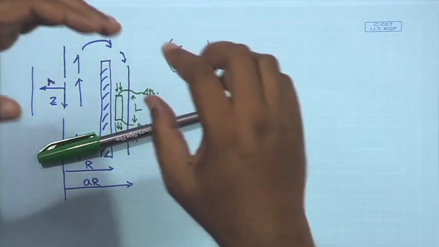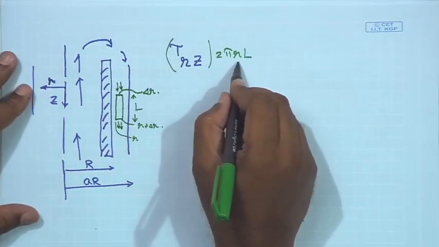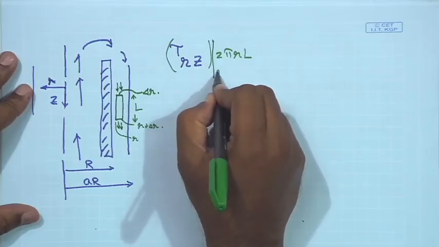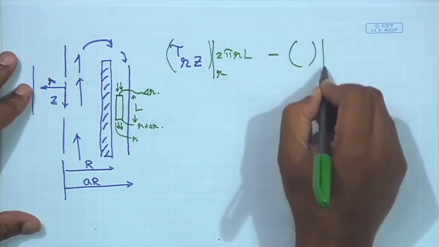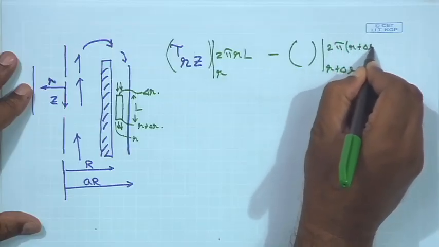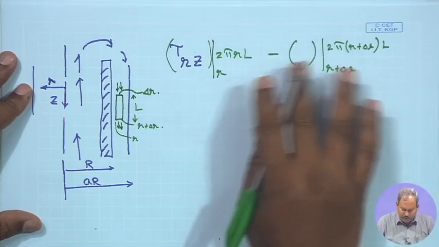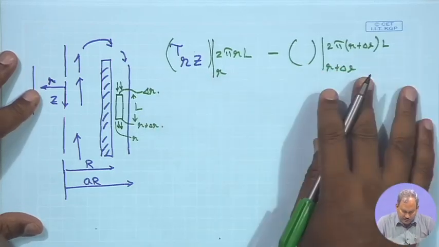So, I am making a balance on this ring kind of structure around the tube and trying to find out what are the shear contribution, what is the contribution of the convective momentum, the gravity and so on. So, what you have in here is 2 pi r L, that is the area evaluated at r, minus same thing at r plus delta r times 2 pi (r plus delta r) times L. No contribution from convection, no pressure difference.